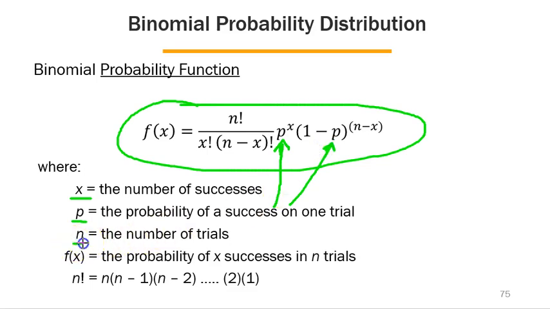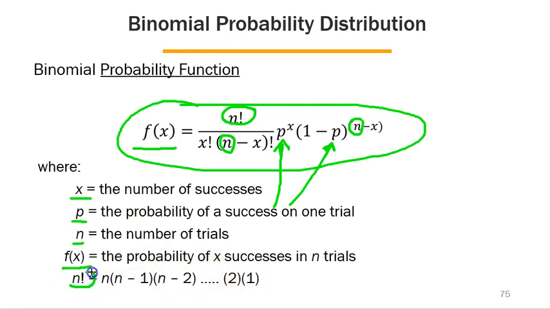N is the number of trials, and that enters in a couple of places. It enters in here. Also, you'll see n here and in this exponent over here. So then you have the answer to this, right? The f of x is the probability of getting x successes in n trials.